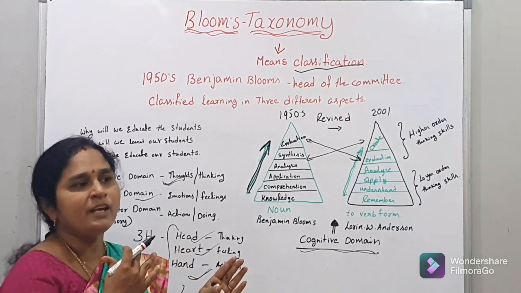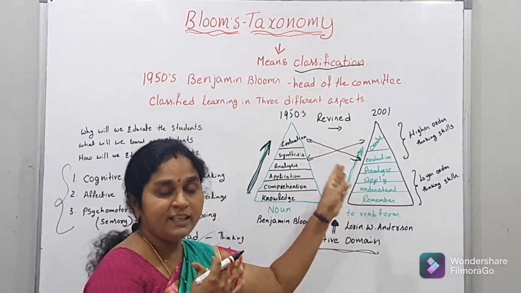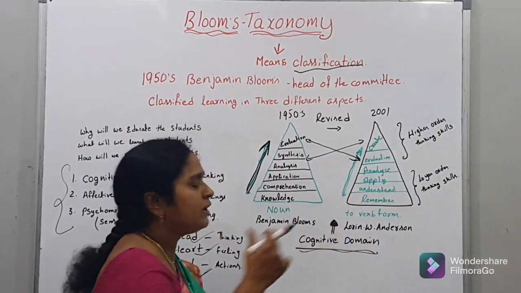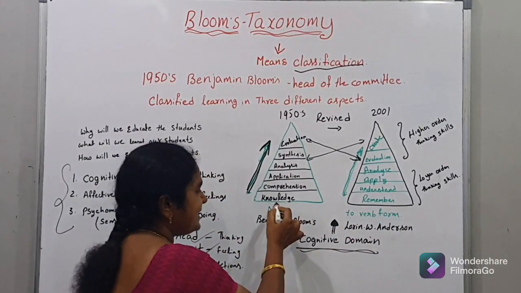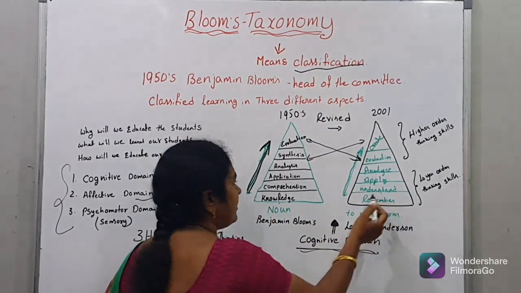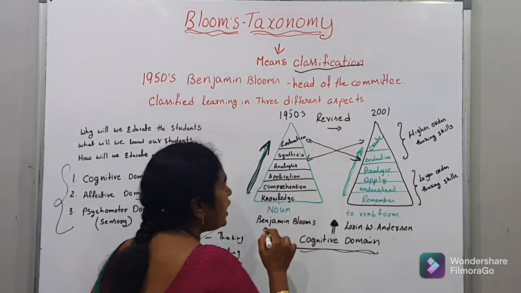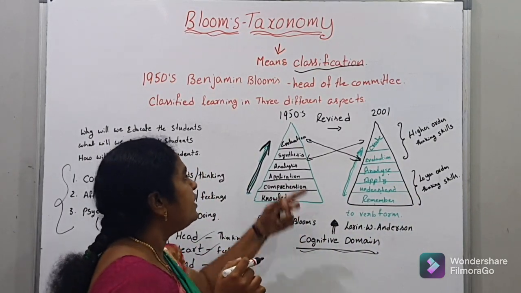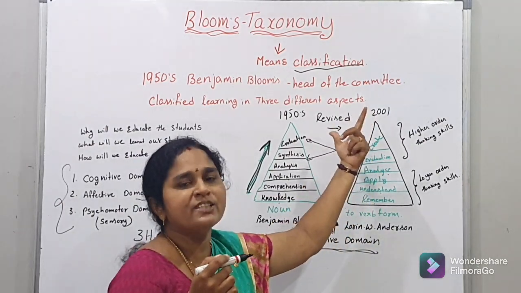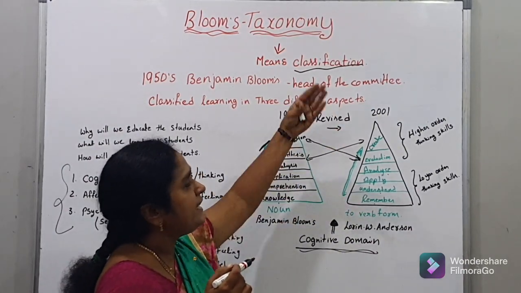What is the difference between Bloom's taxonomy in the 1950s and in 2001? The terms were changed from noun to verb form. You can see knowledge becomes remember, comprehension becomes understand, application becomes apply, analysis becomes analyze. Anderson also changed the order: first we evaluate, next we create. So evaluate is down and create is up.